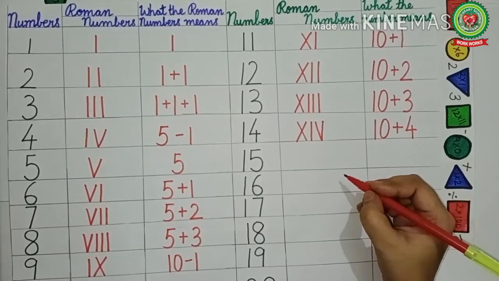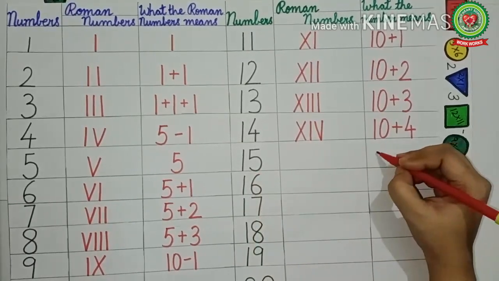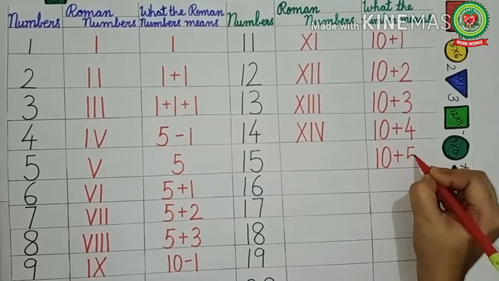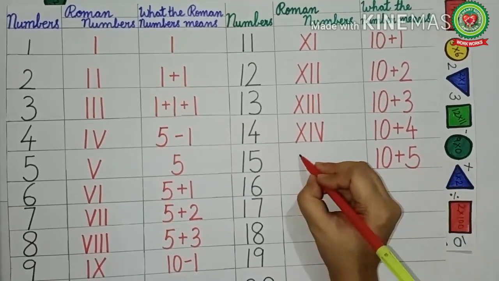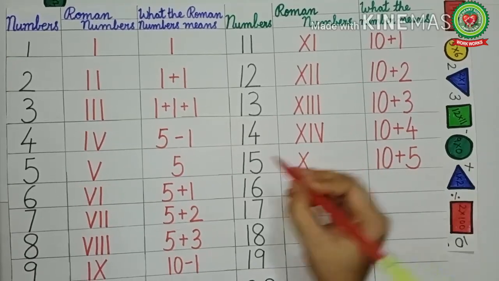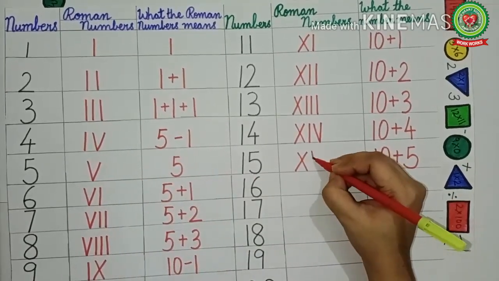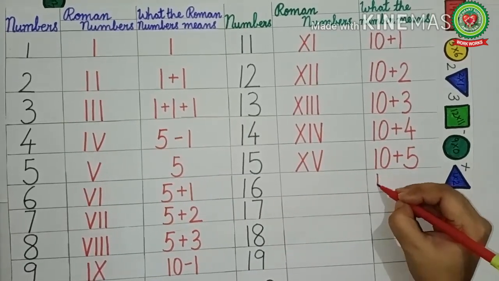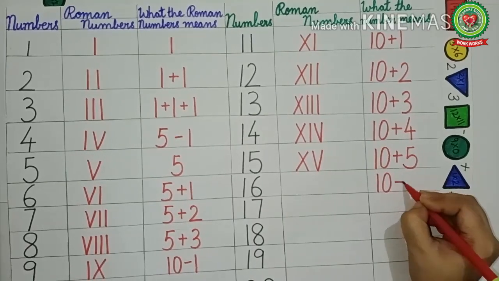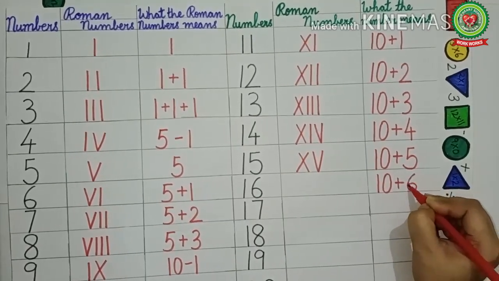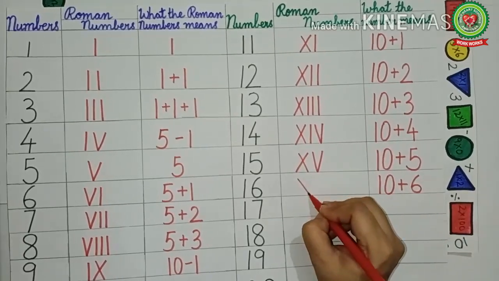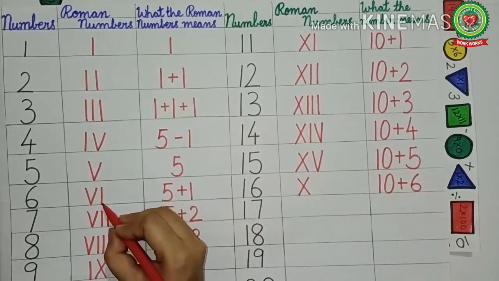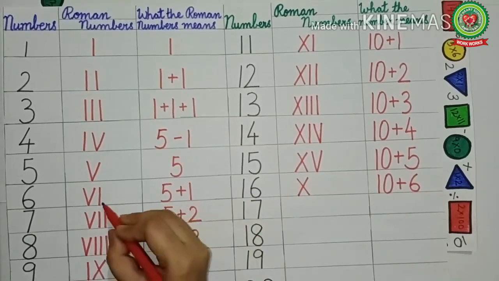Now next is 15. How do we write 15? 15 means 10 plus 5. How do we write 10? X. And we know how do we write 5? V. Next is 16. Again 16 means 10 plus 6. How do we write 10? That is X. And how do we write 6? I have told you over here, 5 plus 1 is 6.